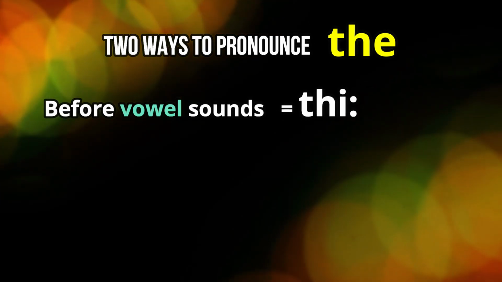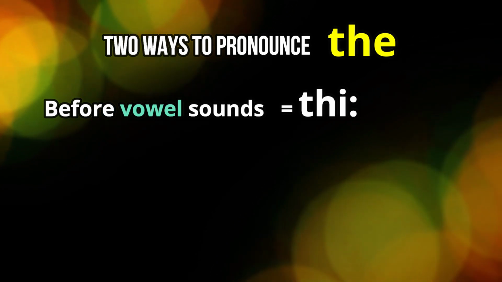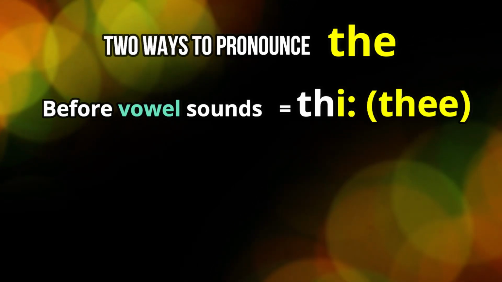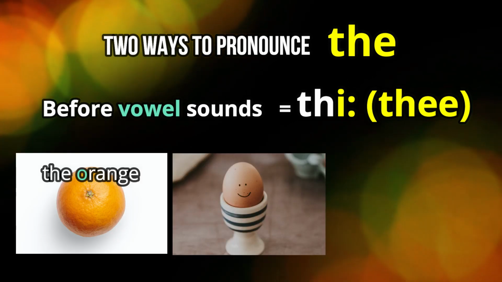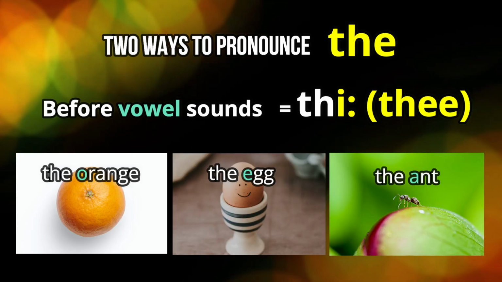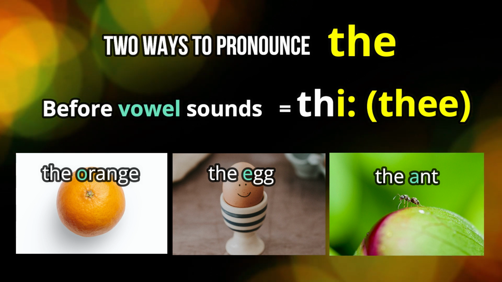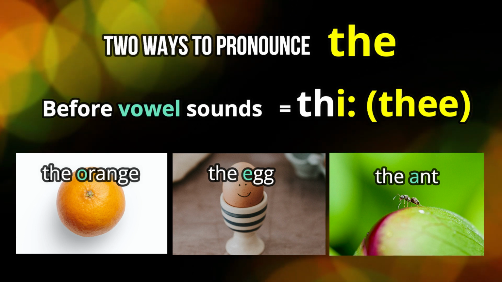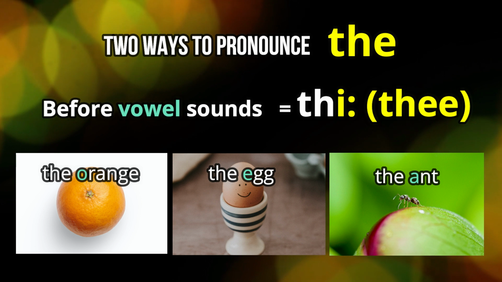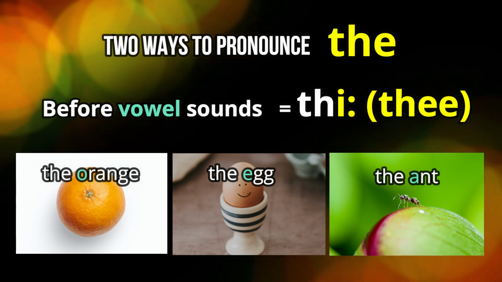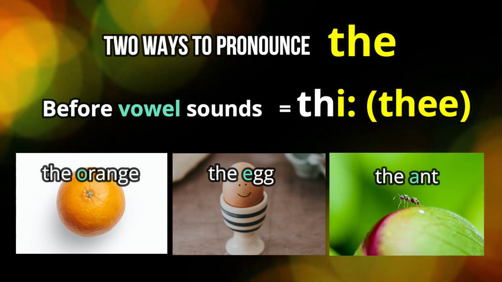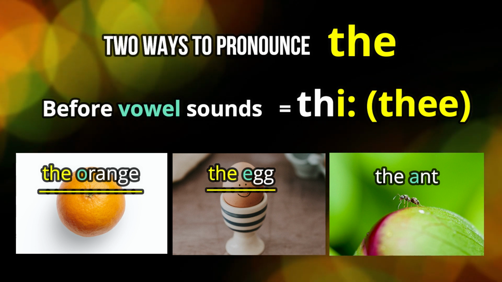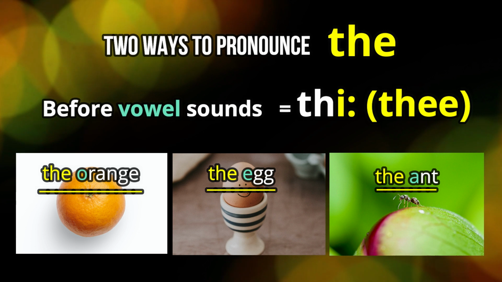Before vowel sounds, the sounds like thee. Listen, the orange, the egg, the ant. You see, this is similar to my first video with articles part 1, where it almost sounds like one word. It's so smooth. The orange, the egg, the ant.